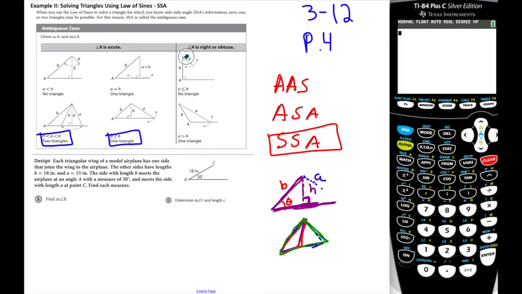And if little a is the hypotenuse, it has to be the longest side. If it's less than or equal to B, it's not the longest side. So that can't happen. Okay, so it's got to be more than B. Now, if I have an obtuse angle, more than 90 degrees, then as long as A is more than B, I'm going to end up with one triangle. Okay, so there are a few different cases.